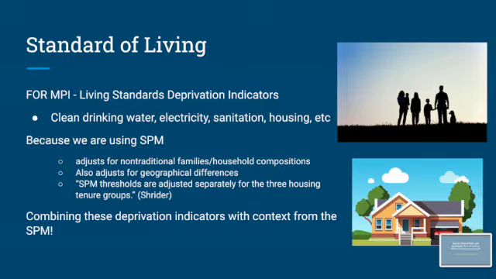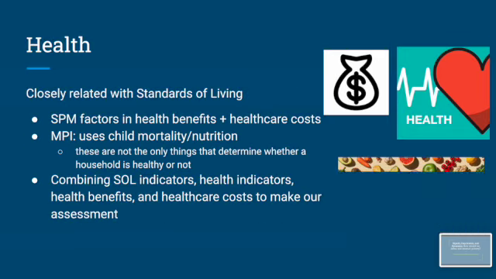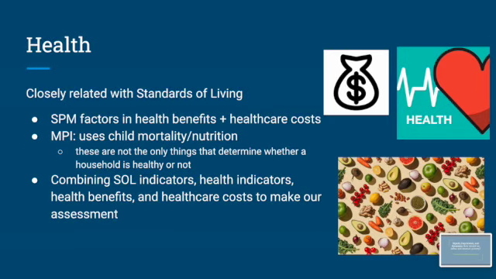Okay, so next we want to talk about health. Since we were just talking about standards of living, these are very closely related and intertwined. So first of all, since we are using the SPM, it factors in health benefits and healthcare costs, which is good because you're getting that monetary side of things, as well as the indicators from the MPI.